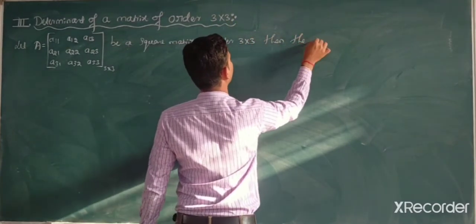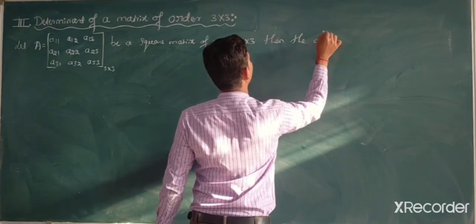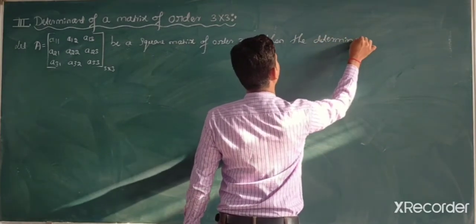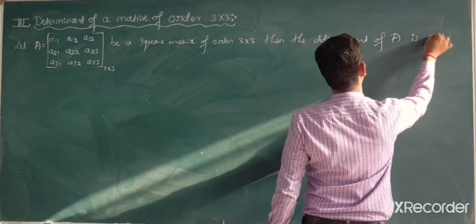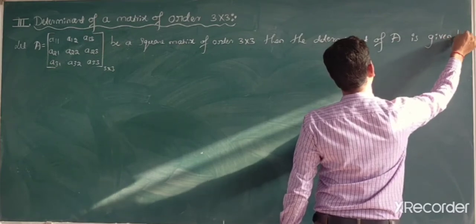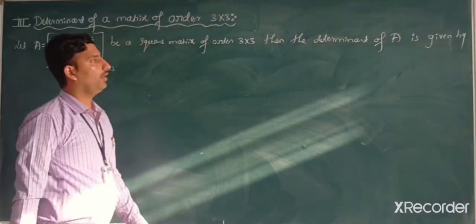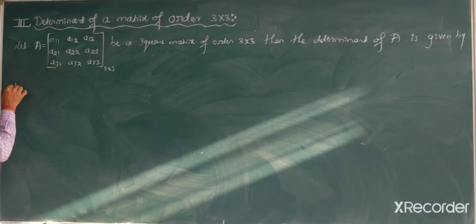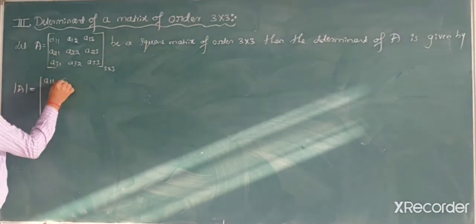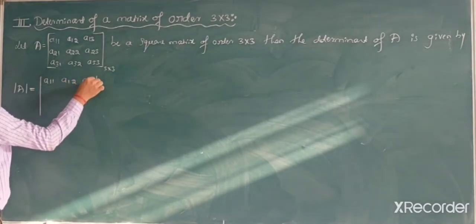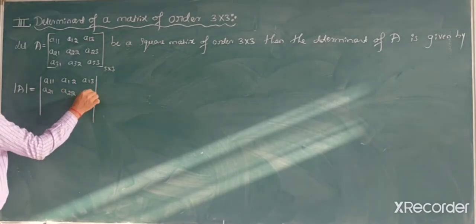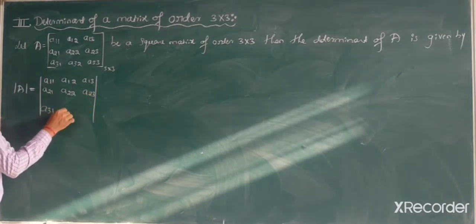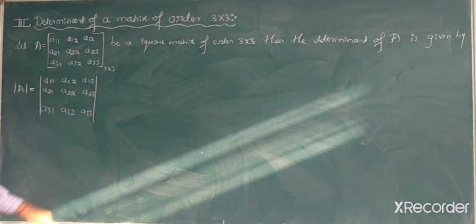Then the determinant of capital A is given by the determinant with entries A11, A12, A13, A21, A22, A23, A31, A32, A33.